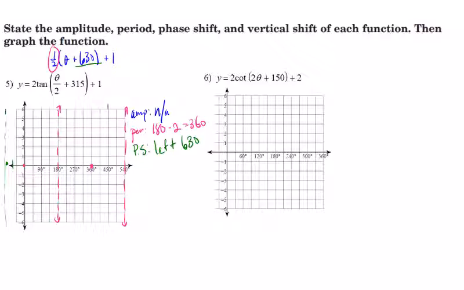So let's see. All right. So this will be here. Let me erase this other stuff.